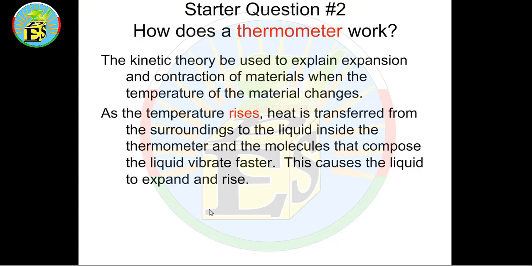This causes the liquid to expand and rise. So, if I ask you how we can measure the temperature of a material, we use the thermal expansion properties to measure the temperature of the material.